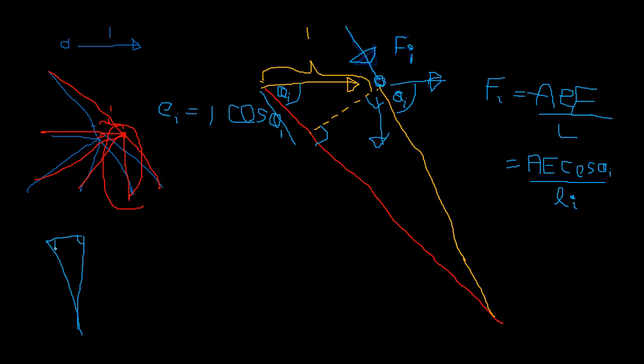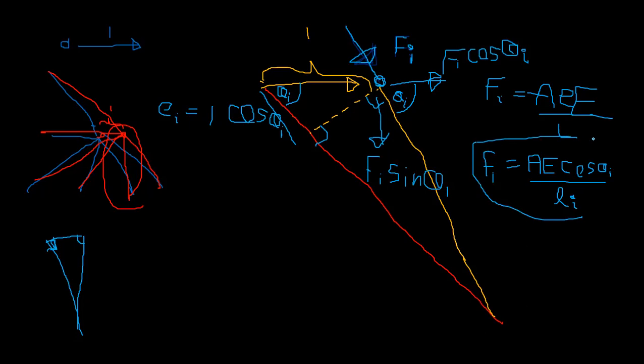It's like a small arc, right? So in that case, this becomes Fi sine theta I. This is Fi cos theta I, right? So in F, you have a cos theta as well. This is very important.